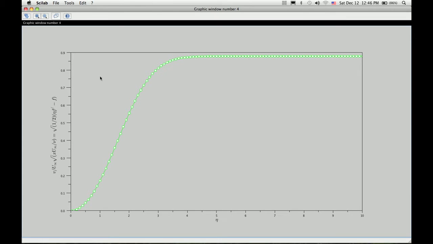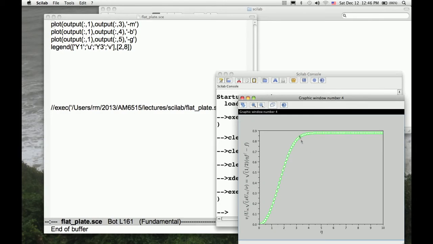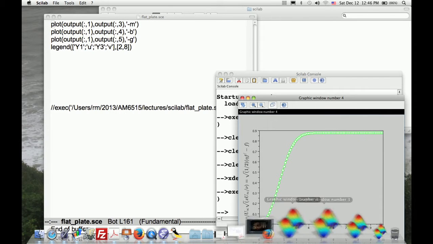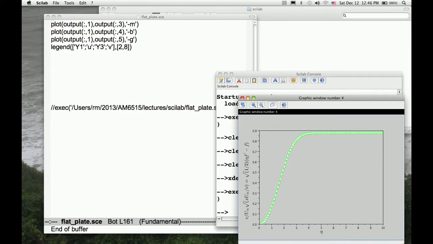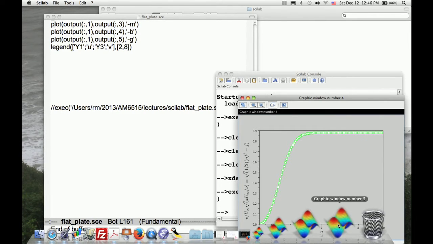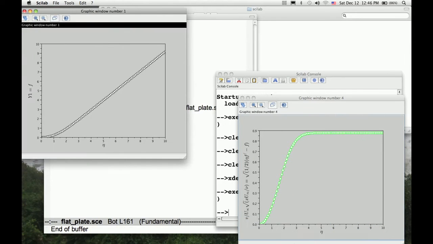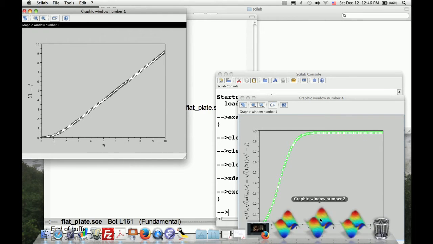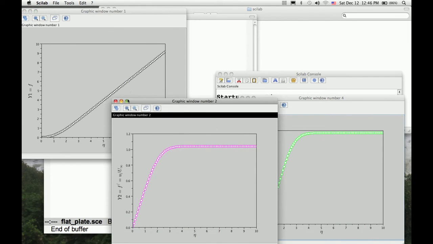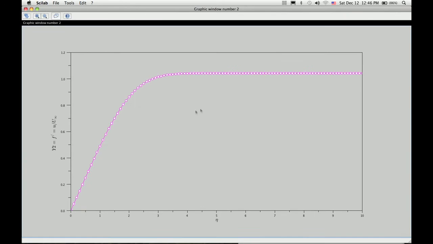This is what we get as an output from the code. What you should pay attention to here is that eta is a similarity variable, because this is the plot that you would be really interested in.